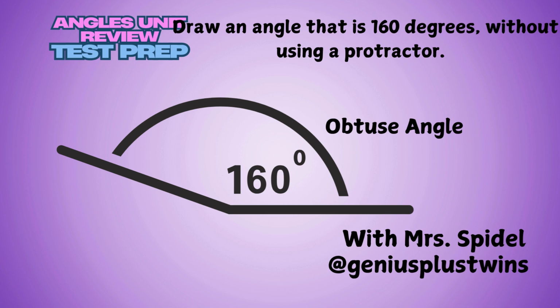Take your time with this. You want to make sure that you are accurate. And of course, label your angle with the degrees it is. And it's also helpful to write the name of the angle. In this case, a 160-degree angle is an obtuse angle.